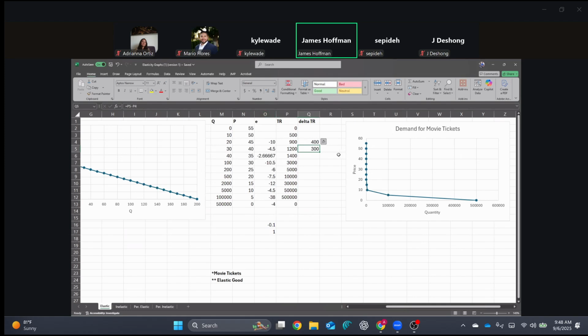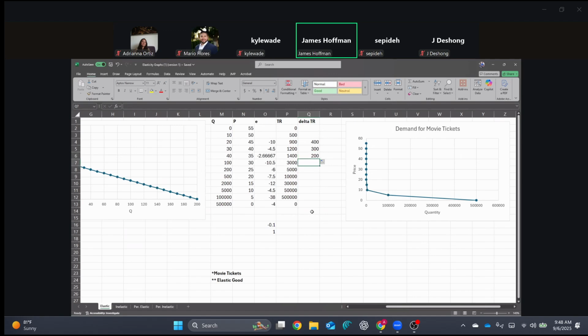So what you should see is that as long as your change in revenue is increasing, it represents the fact where dropping the price increases your revenue. So let's do another one. Right, you get an extra 200. Okay, so each time you're on your elastic portion of the demand curve, if you drop your price, you should increase your revenue, and vice versa with the inelastic situation.